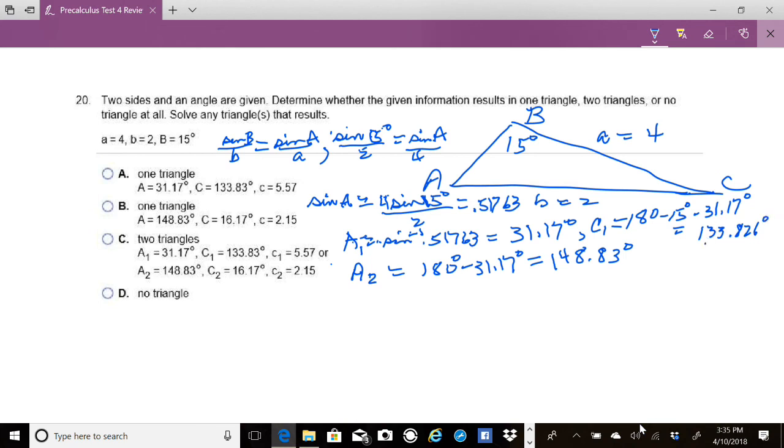So we have a C1, we have A1, and of course B is 15, which would be B1. C2 would be 180 minus A2, which is 148.83, minus the 15 degrees.